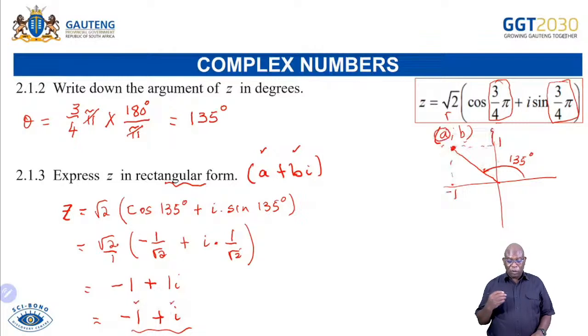So you can see when you're doing this type of question, if you put this on an Argand diagram, remember, this one is the imaginary axis. This one is the real axis. You're able to see whether your answers are correct or not. So once you get the angle and locate the angle in the correct quadrant, you'll be able to see that, oh, now I can see that that one will be in the second quadrant.